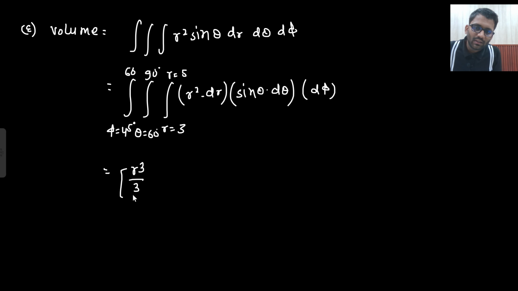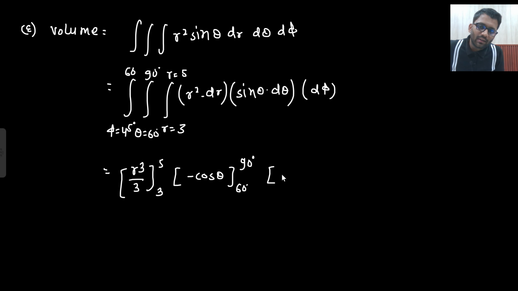R cube by 3 from 3 to 5, and then minus cos theta from 60 degree to 90 degree, and then phi, that is 15 degree, and 15 degree is pi by 12.